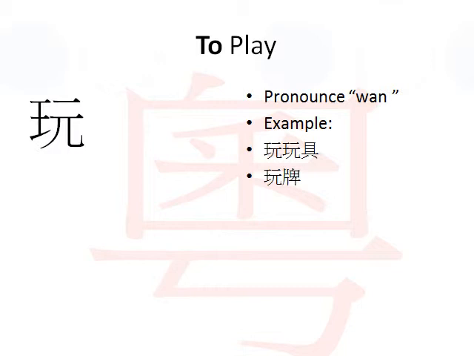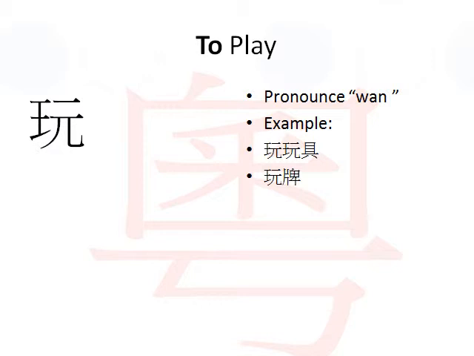For examples, toys actually uses this verb as one of the characters in that phrase. Toys is called wungoi. Even though it's the same kanji, the sound is a bit toned down, instead of wan, when we use it as the verb for to play.